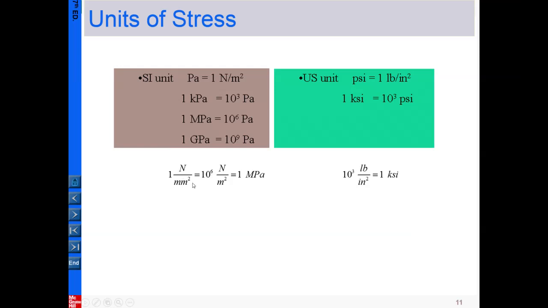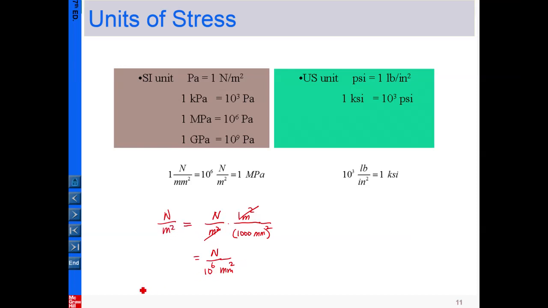And if you do the unit conversion, 1 Newton per meter squared, and 1 meter equals 1,000 millimeters, so squared that is 10 to the 6 millimeter squared.